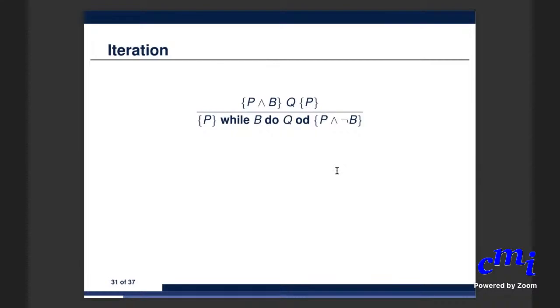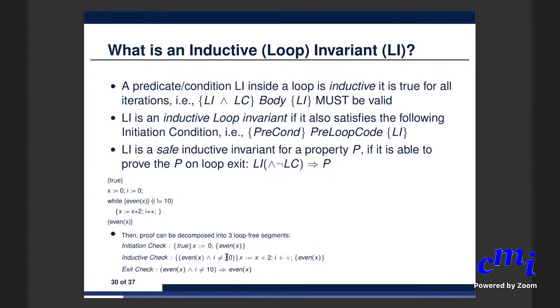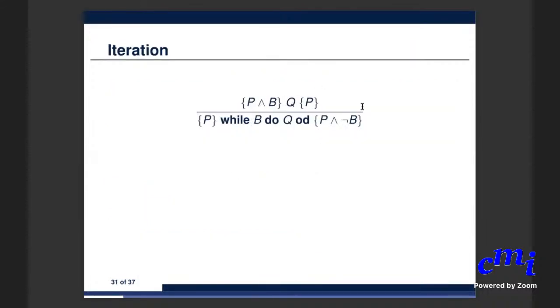And that's this aspect of inductiveness of a particular predicate with respect to P and the safety. The whole inference rule corresponding to this loop invariant with respect to the loop itself is described by this. Okay?